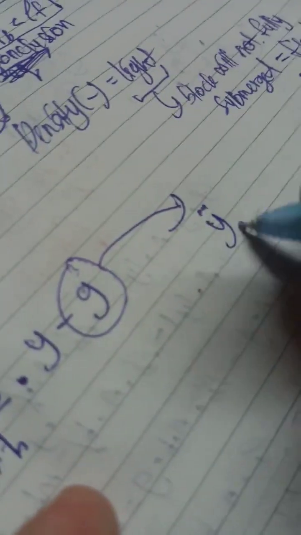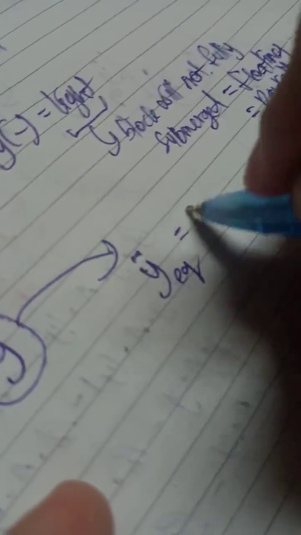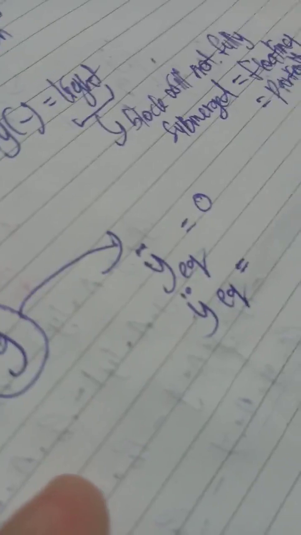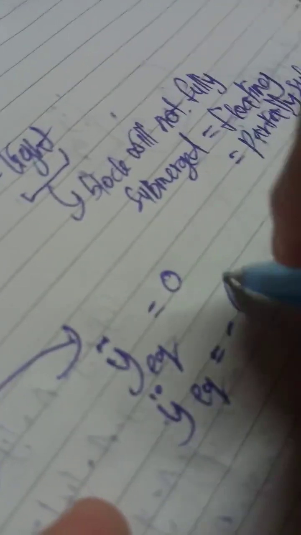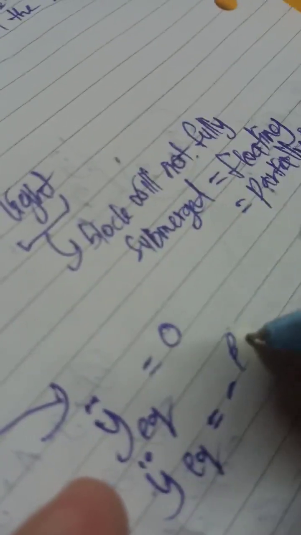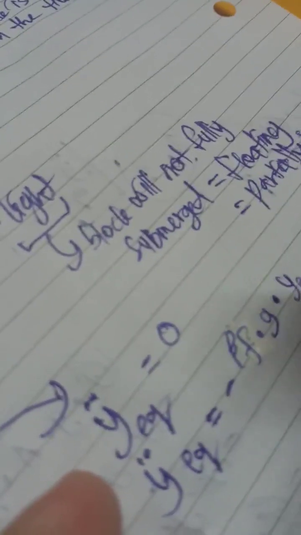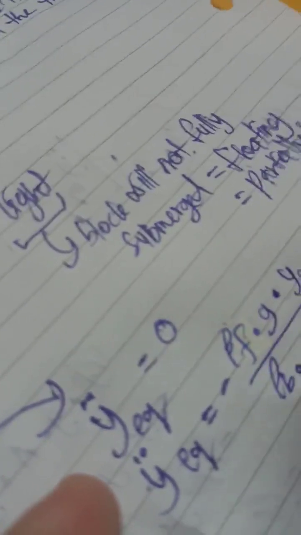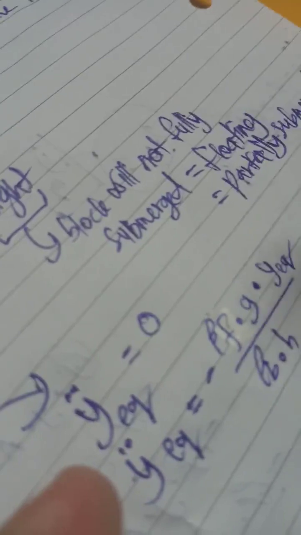So this g comes from the acceleration at y equilibrium, which is equal to 0. So the y double dot at equilibrium is equal to negative rho f times g times y equilibrium over rho b times h, minus g, is equal to 0.